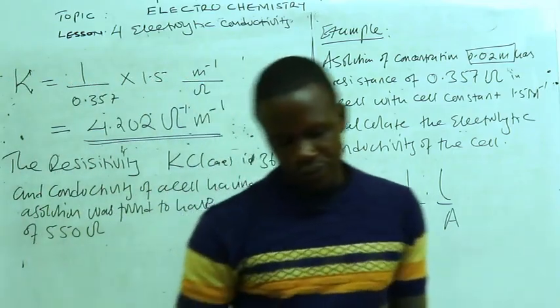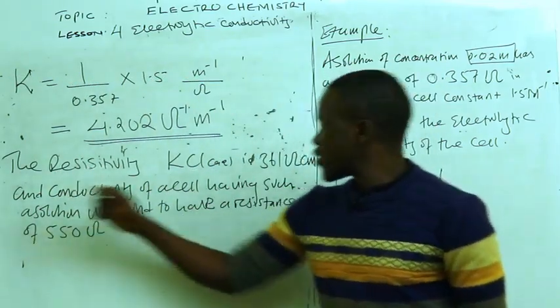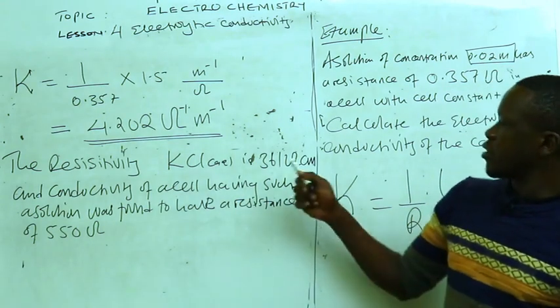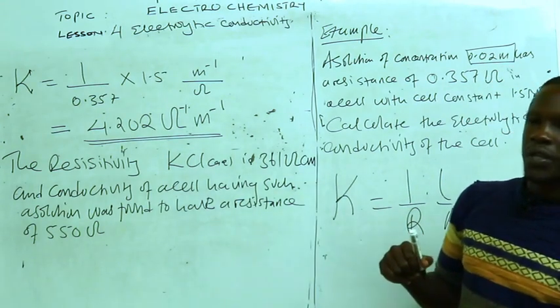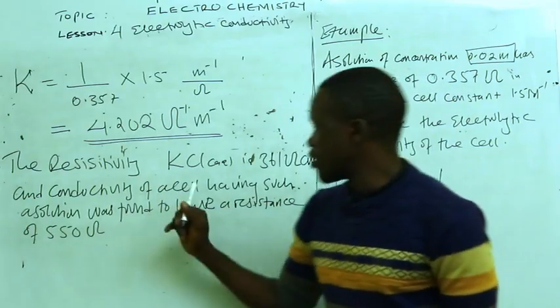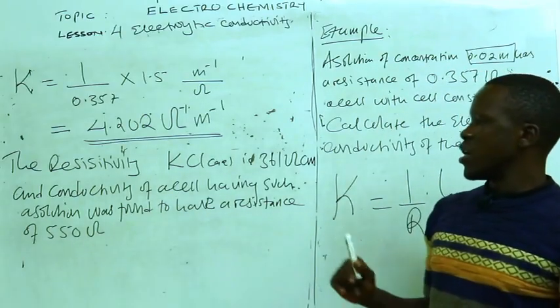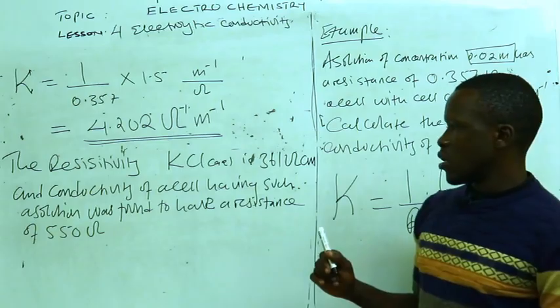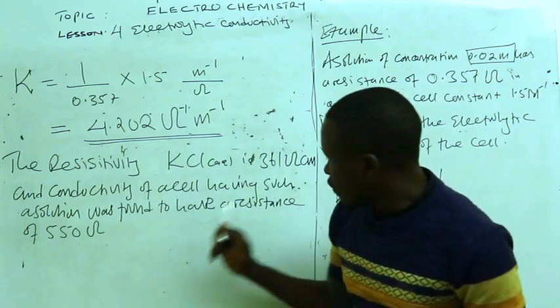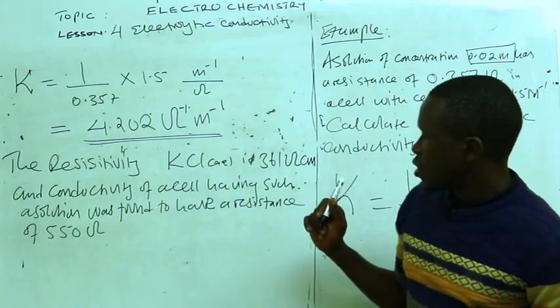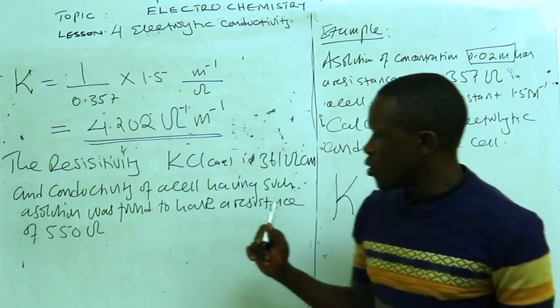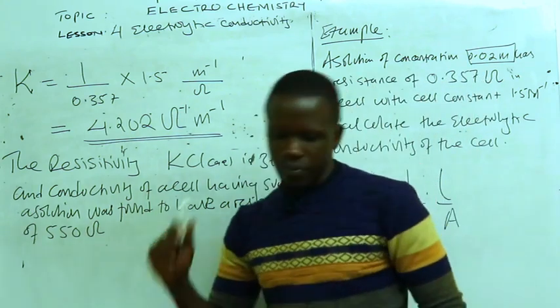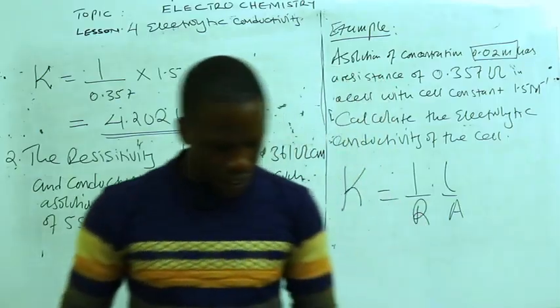So the resistivity of potassium chloride solution is 361 ohm centimeters, and the cell having such a solution was found to have a resistance of 550 ohms. And then the questions are coming here.